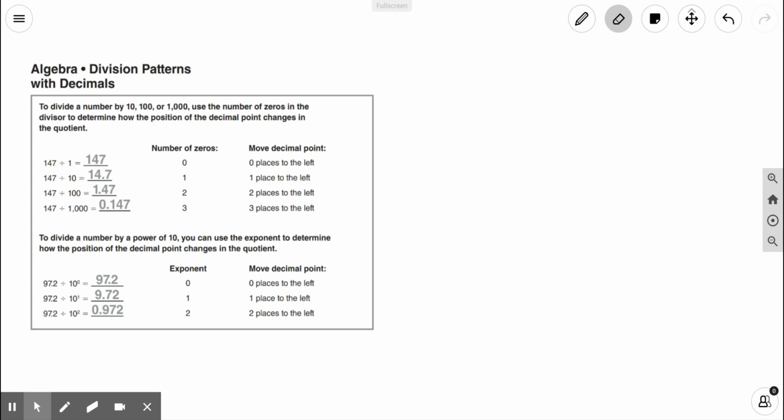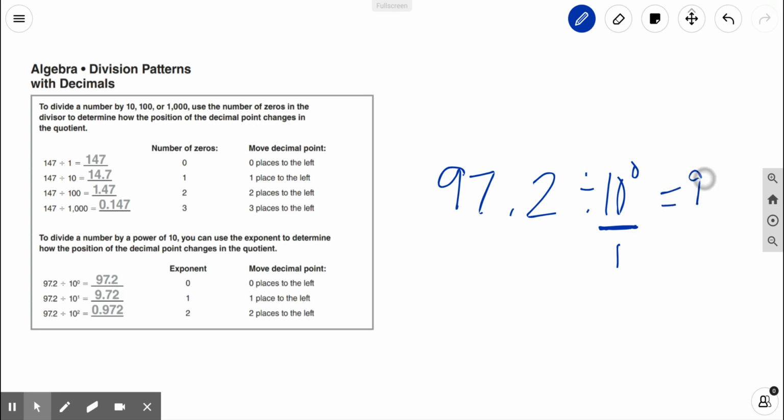So if I had 97 and 2/10 divided by 10 to the 0 power, don't forget that actually means 1. So 97 and 2/10 divided by 1 is still 97 and 2/10. It doesn't change. That decimal is going to stay in its place.